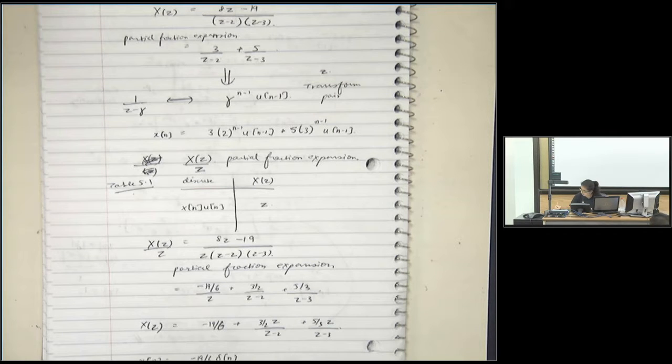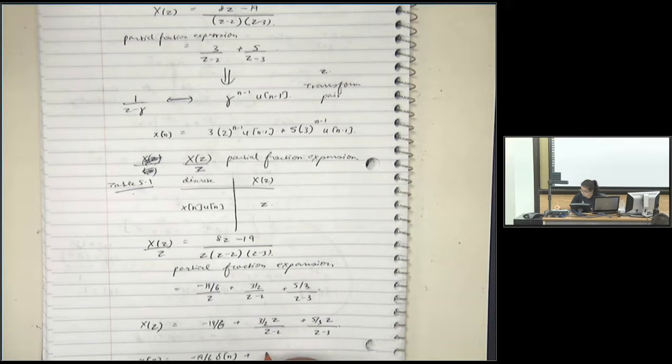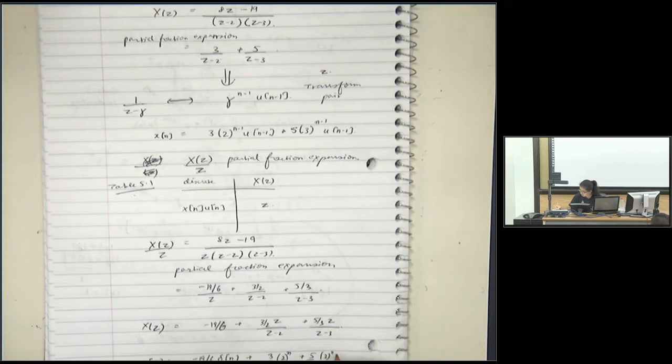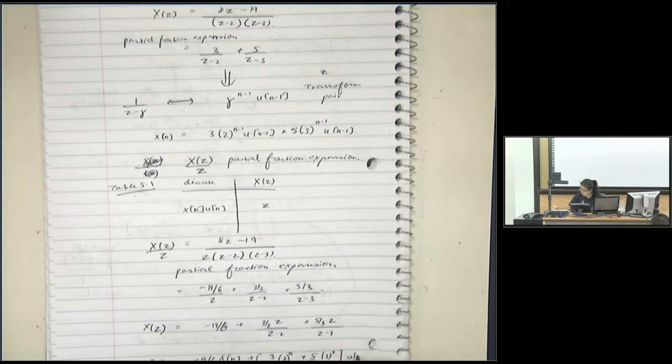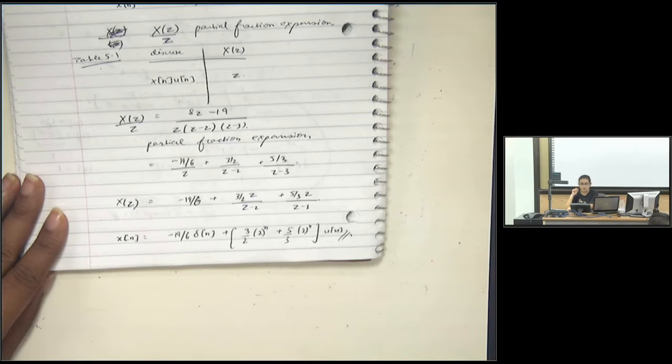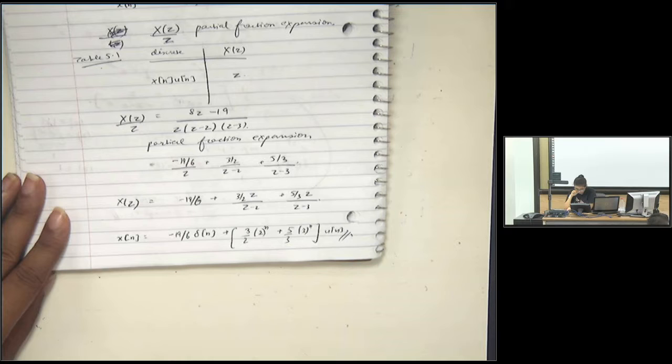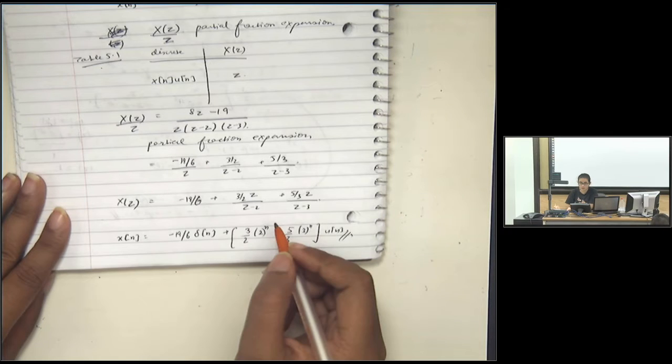And now our answer will be 3 over 2, 2 raised to power n, plus 5 over 3, 3 raised to power n, u of n. So whenever taking the inverse Z transform, you'll always do the partial fraction expansion of X(z) over z, and once you've divided by z, do not forget to multiply with z again after the partial fraction expansion.